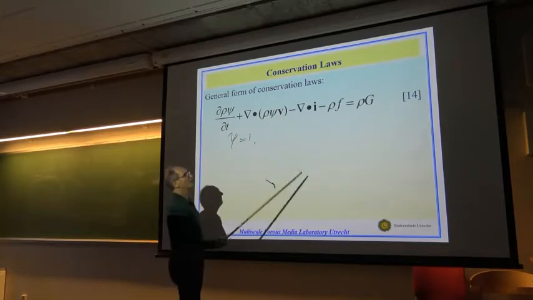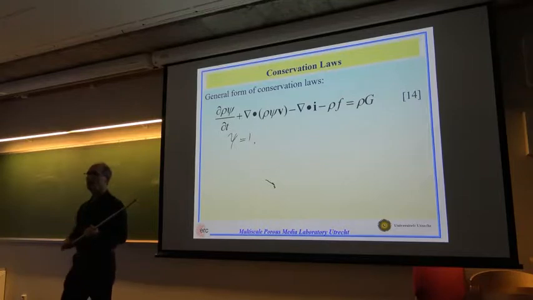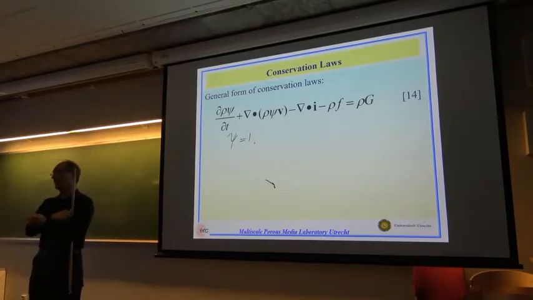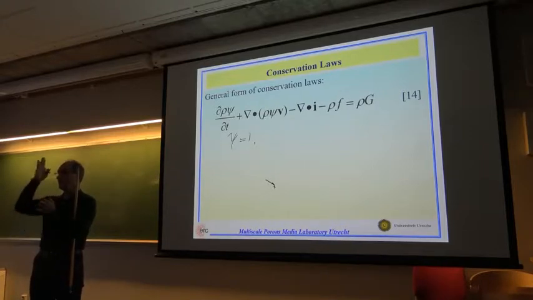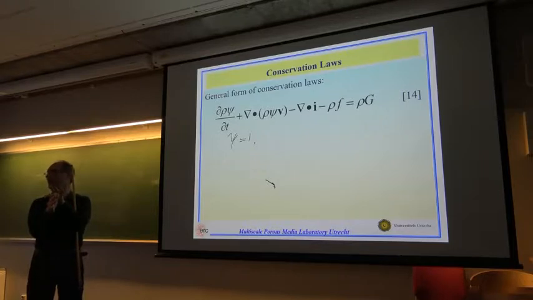Del dot rho v. What should be I for the mass balance? Can we transfer mass within the body, and this is a single body, through an imaginary surface? Can we have mass transfer from this side of the surface to the other side without motion, without any movement at all, at macro scale? It's not possible.